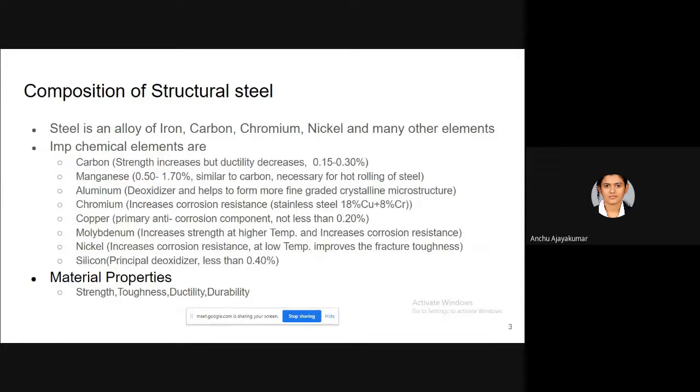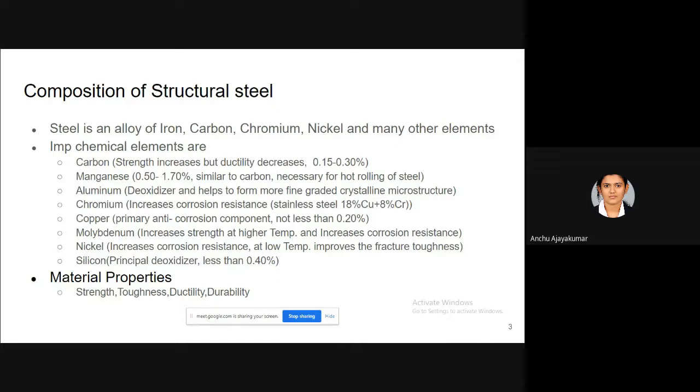The first one is carbon. It is the most important chemical element in steel. If the carbon content in an alloy is increased to a certain level, the strength increases, but the ductility automatically reduces. The permissible amount of carbon in a steel member is 0.05 to 0.3%.